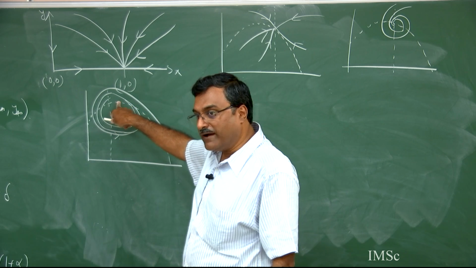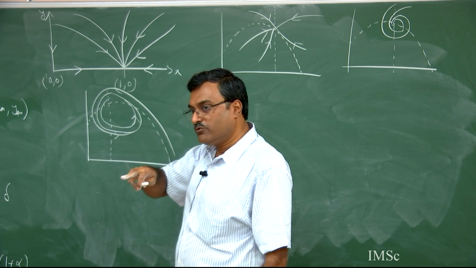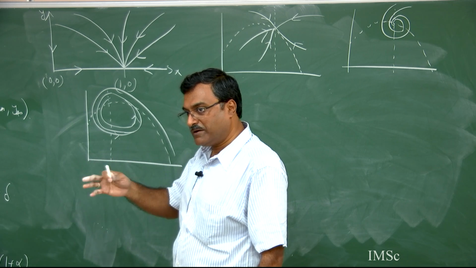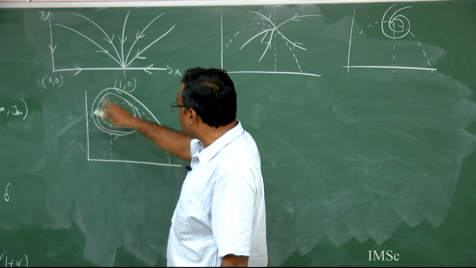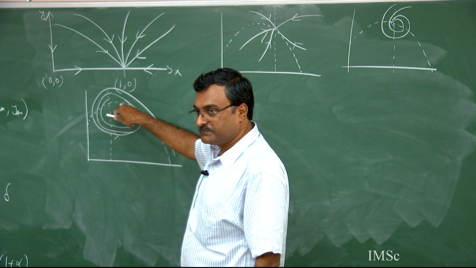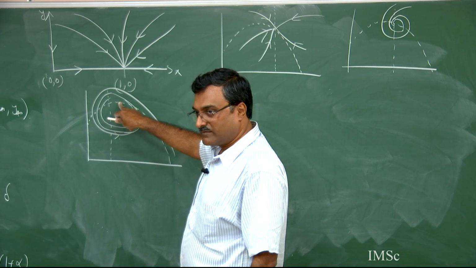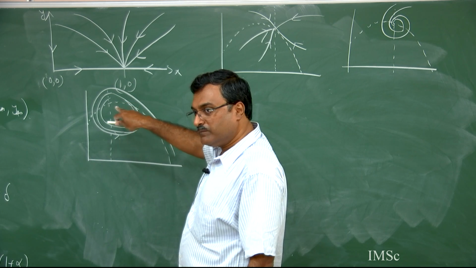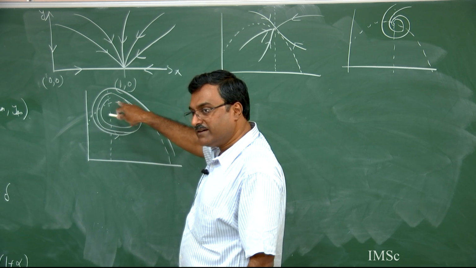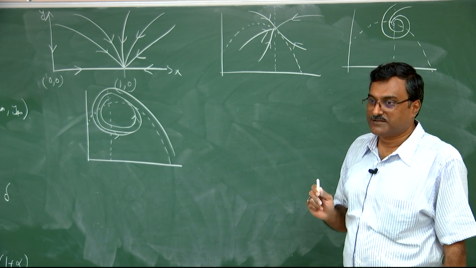And geometrically you can verify that the Hopf bifurcation threshold, that is alpha equal to beta plus delta by beta minus delta, is the condition that this line passes through the vertex of the parabola. So if you calculate the vertex of the parabola and find the condition that this line passes through the vertex, then you can prove that that parametric restriction is the same as alpha equal to beta plus delta by beta minus delta.